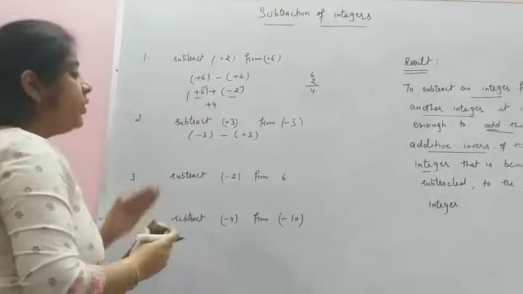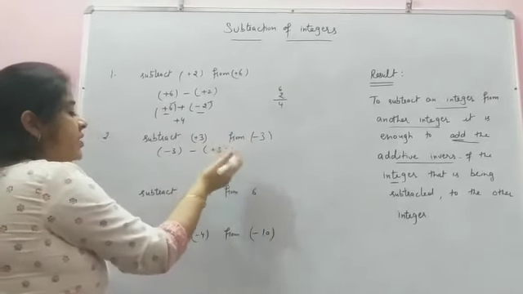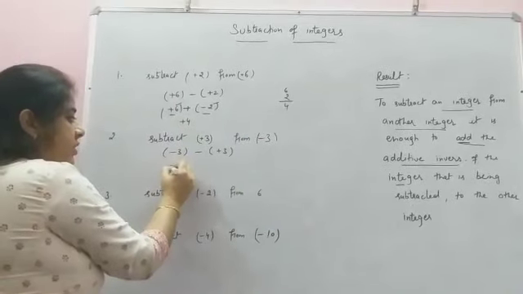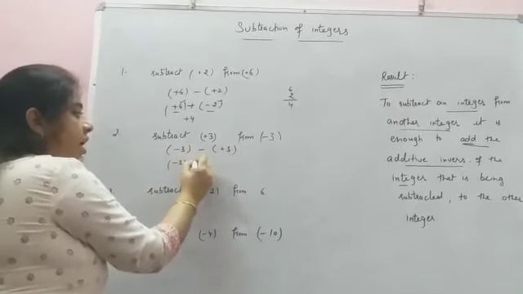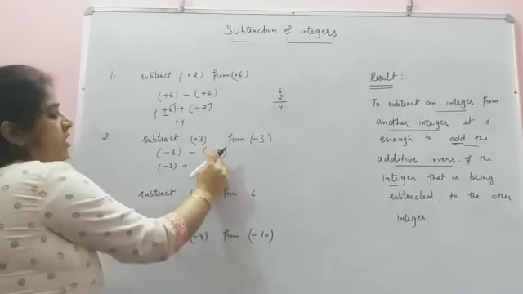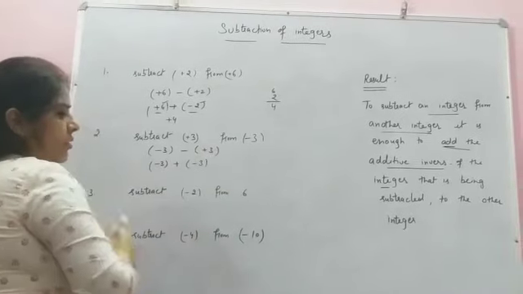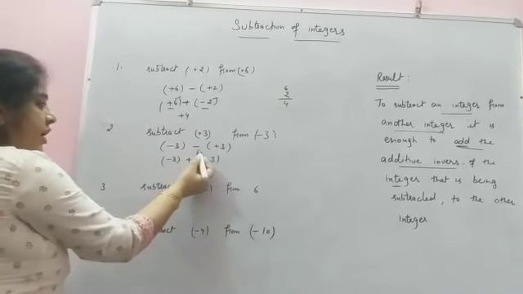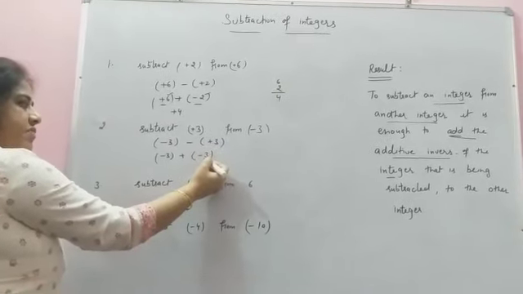As we have discussed, subtraction of integers means keeping the first integer the same and adding the additive inverse of the second. What is the additive inverse of this? It is minus 3. So subtraction converts to addition, and this converts to its additive inverse.